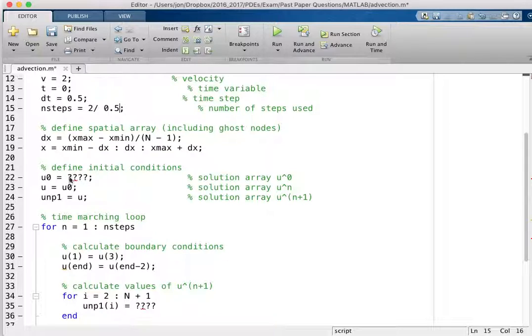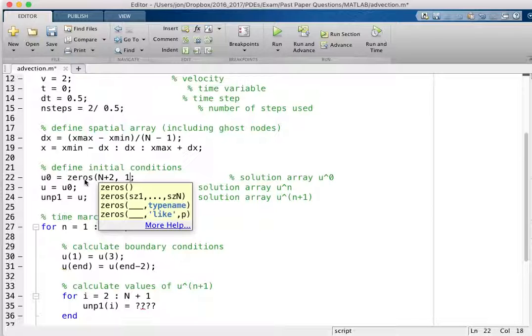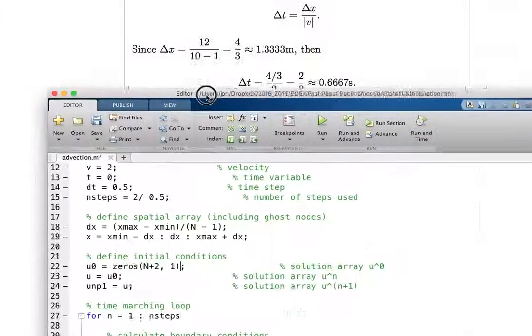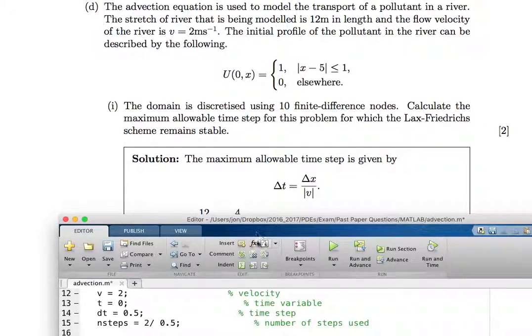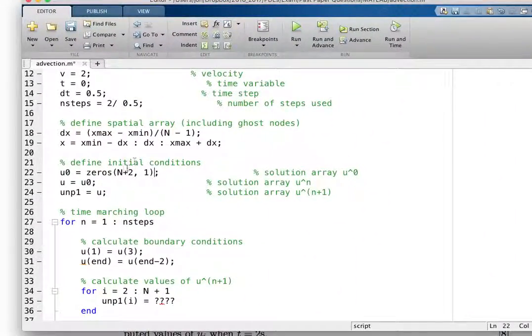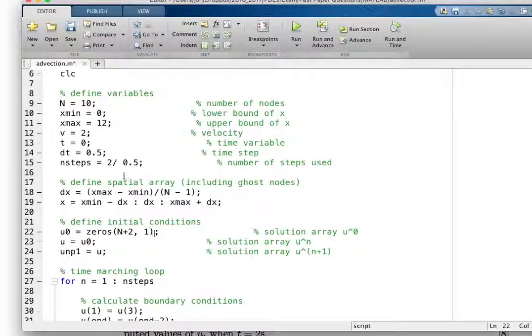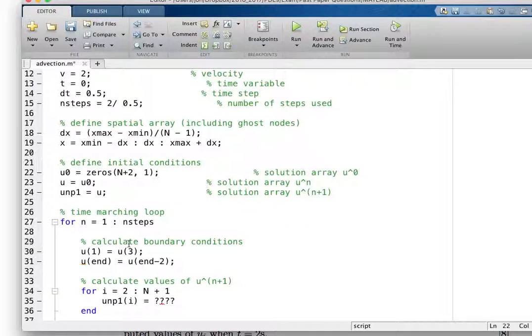The next step is to find the initial conditions. Our initial conditions were zeros everywhere, so I've created an array of zeros. Here's the case statement. I've created an n+2 array of zeros. The reason it's plus 2 is that we're going to have 2 ghost nodes, one either side of the left and right hand boundary, so I've added 2 to n.